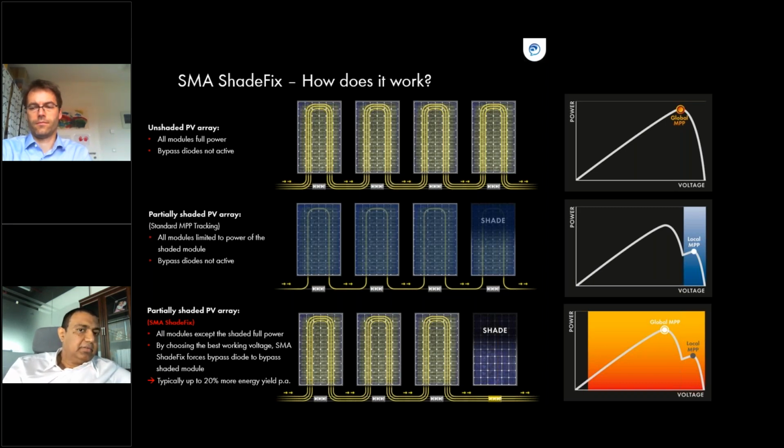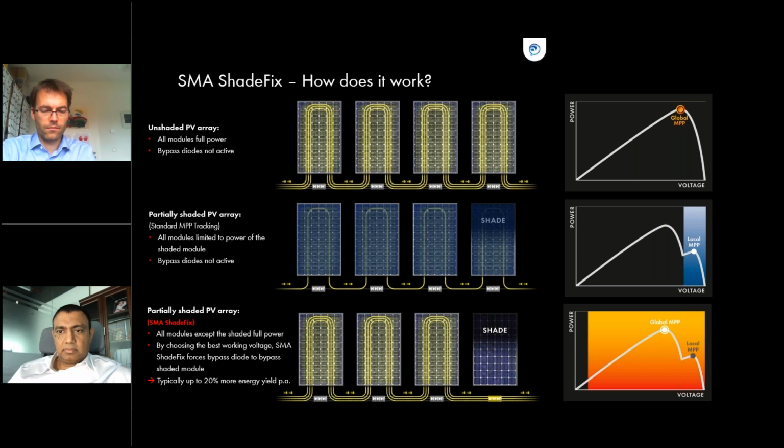And what we are basically doing, because this local MPP is lower than, as you can see on the last picture on the right side, the global MPP with ShadeFix, is that the inverter itself is recognizing, okay, there is a shaded module in this serial connection of modules, and it is forcing the bypass diode that is integrated on almost every module worldwide to bypass the module itself, so that the power output is not, as in the second picture, the local MPP, but the global MPP as in the third picture.